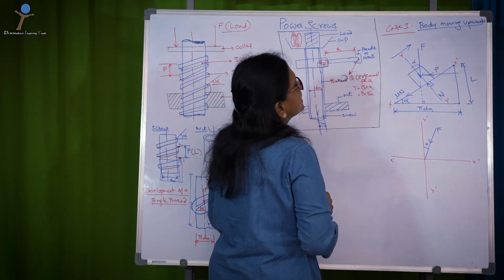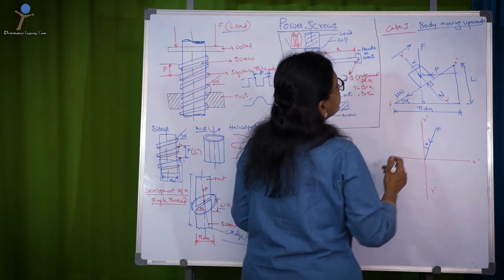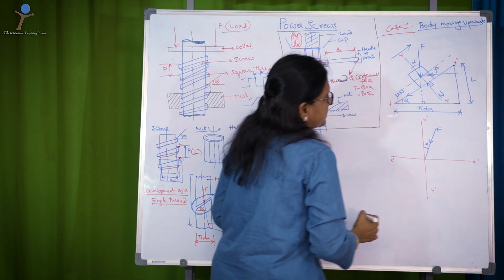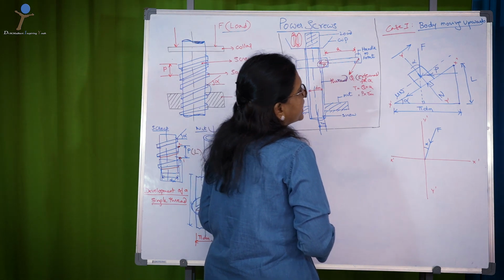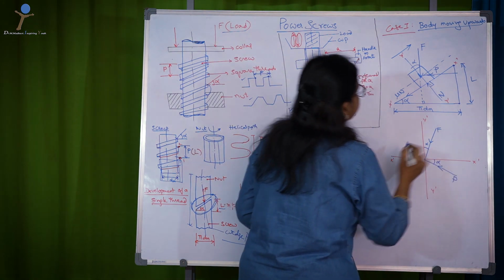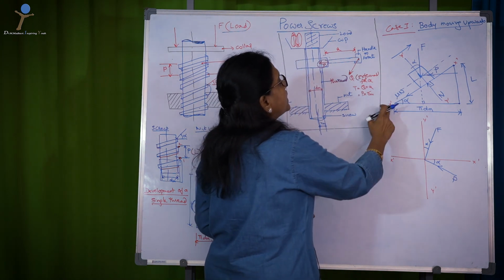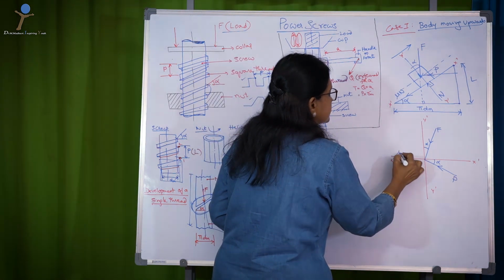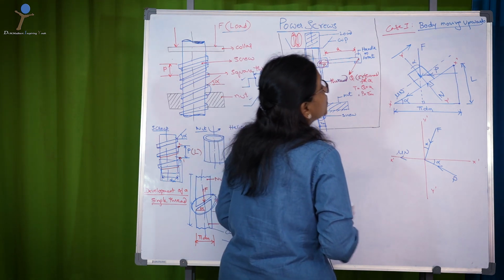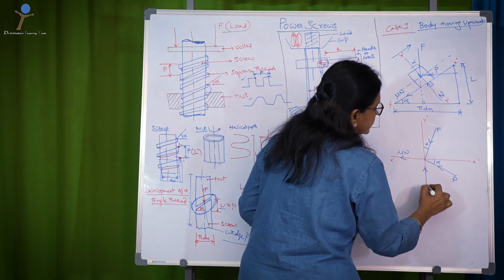And this is P, you can put this P here at an angle alpha here, and mu n is on the same axis, and also n acting on the same axis.